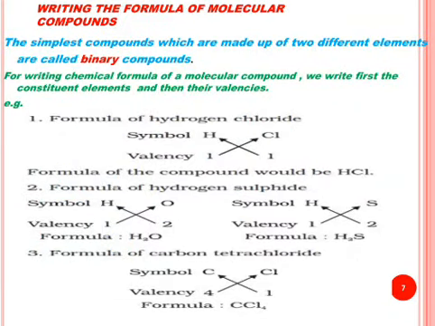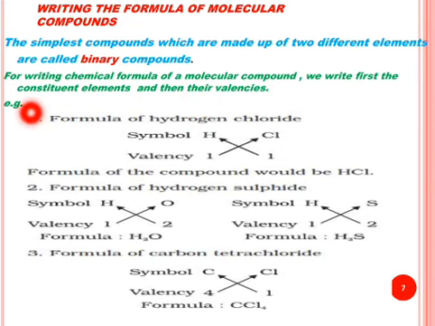Now students, let us learn how to write the chemical formula with the help of symbols of atoms of elements and their valencies. The simplest compounds, which are made up of two different elements, are called binary compounds. For writing the chemical formula of molecular compounds, we write first their constituent elements and their valencies.